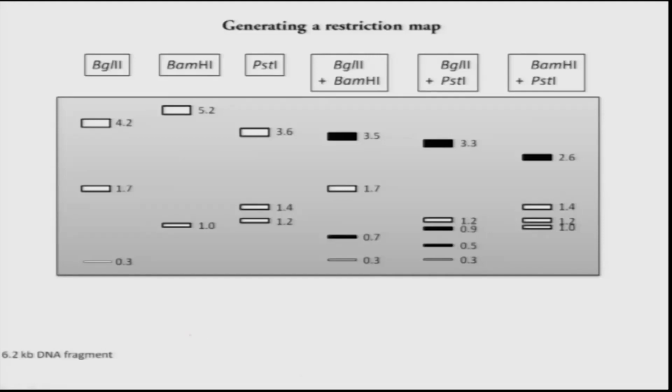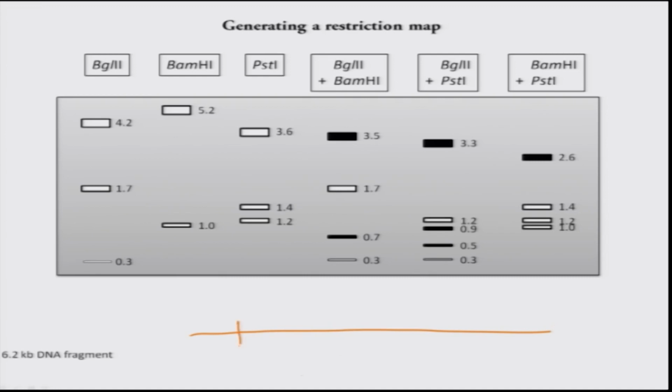So let's draw a line because it's a linear fragment. If you look at the double digestion for BGL2 and BAMH1 first, we see that the new bands, which are black in color, are a 3.5 kb band and a 0.7 kb band. Now if you look at the BGL2 single digestion, there is a 4.2 kb band. So it seems that that is being cleaved by a BAMH1 site into two, 3.5 and 0.7.